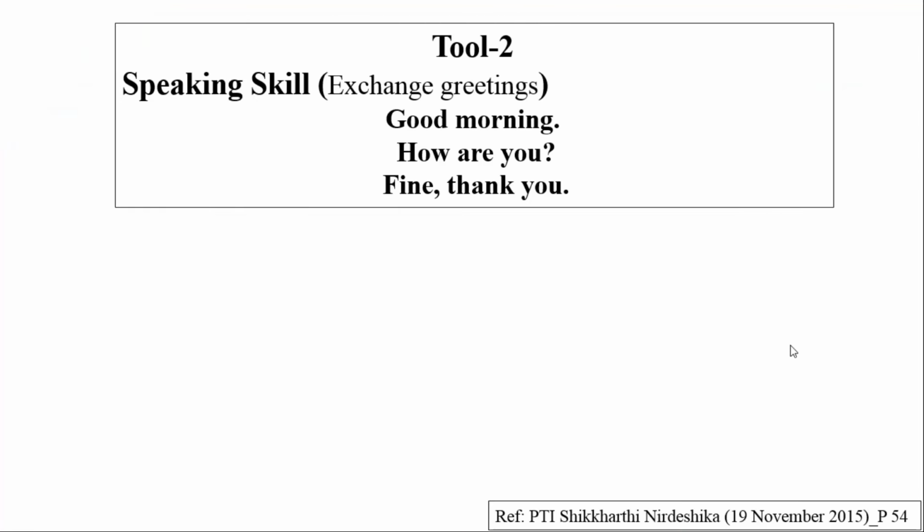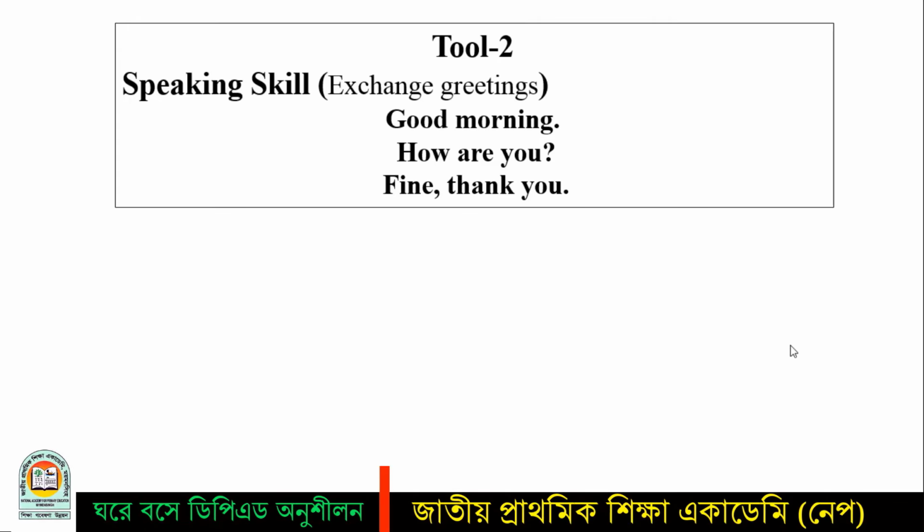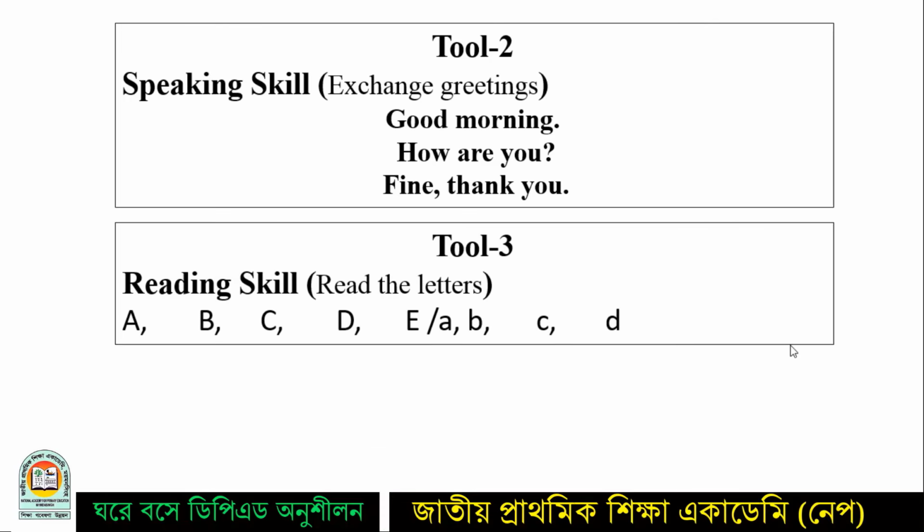Tool number 2, speaking skill. Here we focus on exchanging greetings. Good morning, how are you? Fine, thank you. The student will give you a reply. Tool number 3, reading skill. Here we focus on reading the letters.